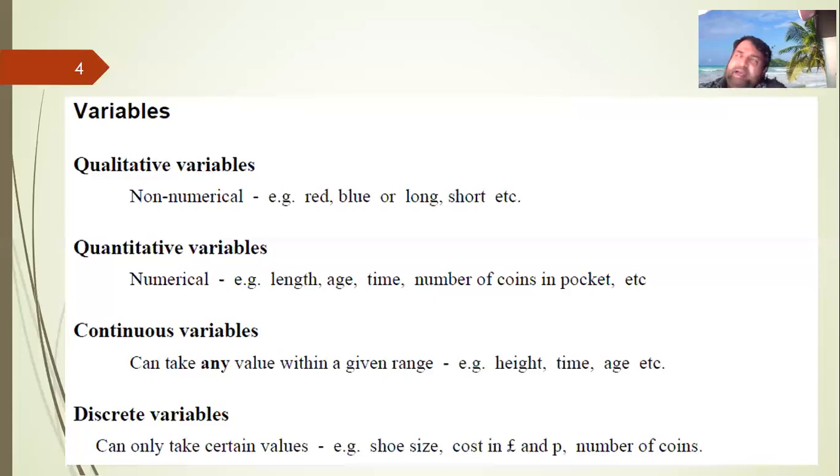Okay. So time can be any value. So 1.2 seconds, 2.5 hours, 3.6 minutes, any value, within a certain range. Say in the Olympic Games, in a 100-meter sprint, maybe the lowest record is, for example, 9 seconds. The highest record is 12 seconds.